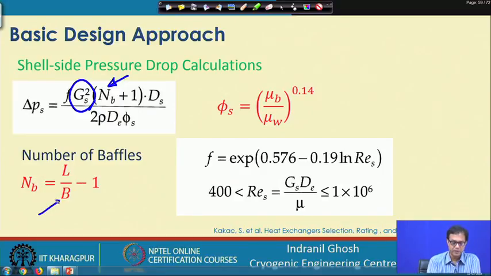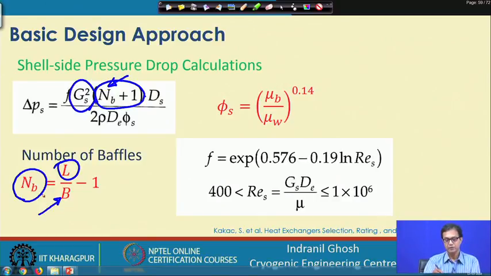So, this is the baffle spacing, this is the length, and Nb is L by B minus 1, and if you look in this expression for the pressure drop on the shell side, this will be Nb plus 1. So, if we have Nb number of baffles, the fluid will be passing Nb plus 1 number of times over the tube banks, and we get the pressure drop related to that this way.